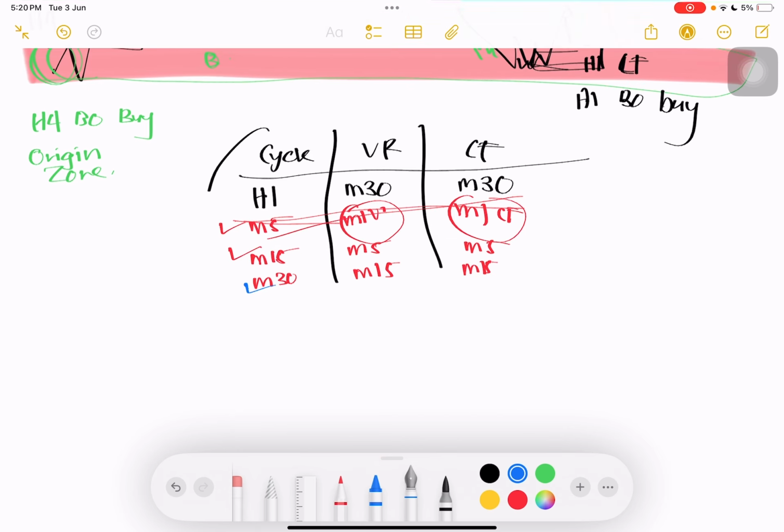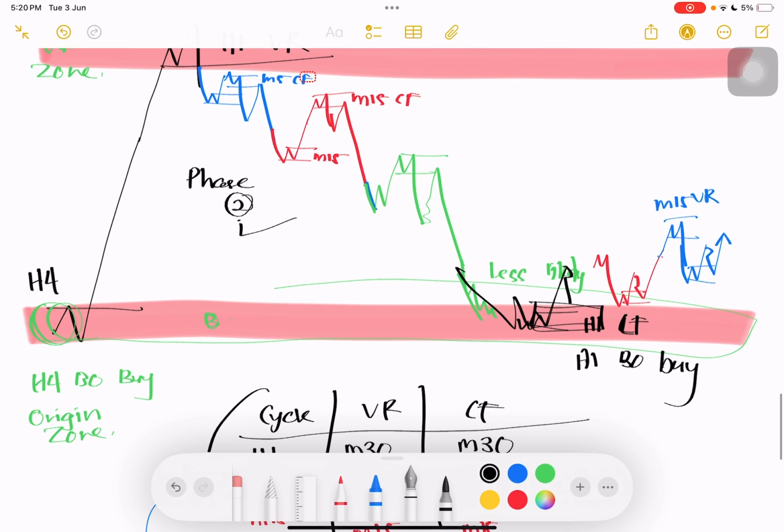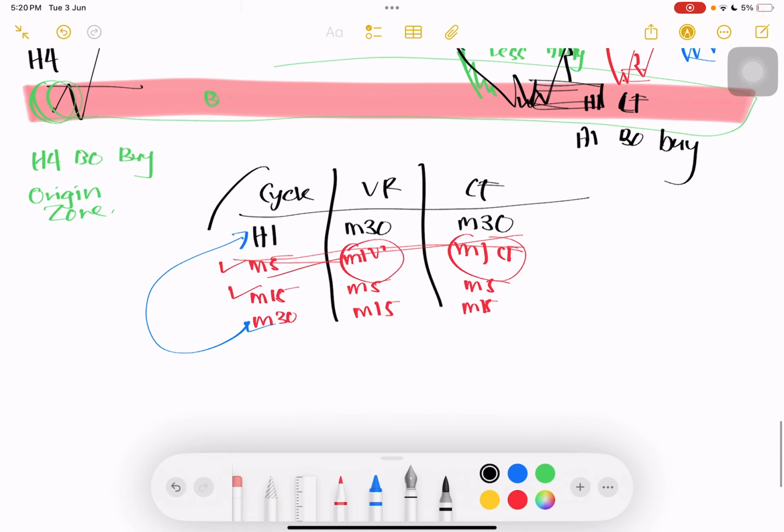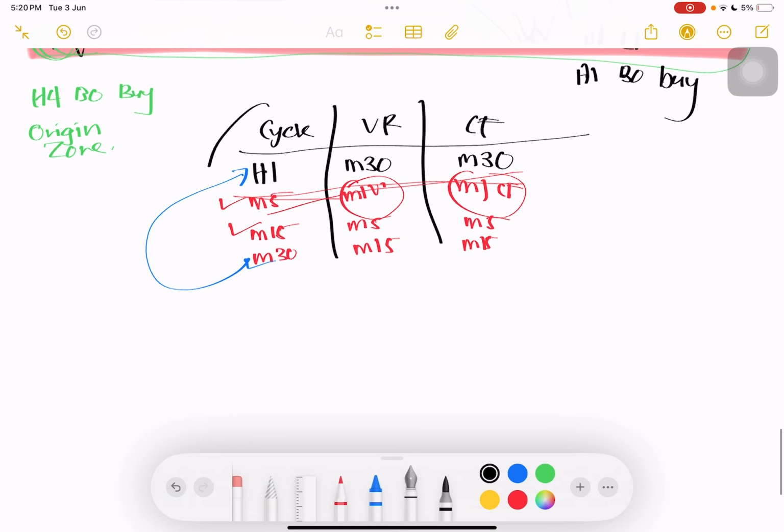After this M30 cycle is complete, then we will wait for the H1 cycle. What is the H1 cycle? M30 VR, M30 CF, pullback entry. Just like that. That's how I use market cycle.